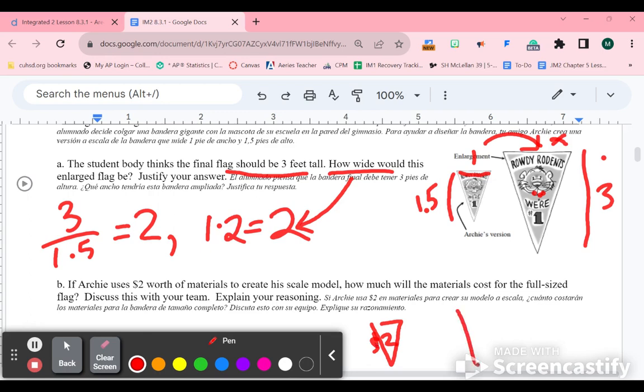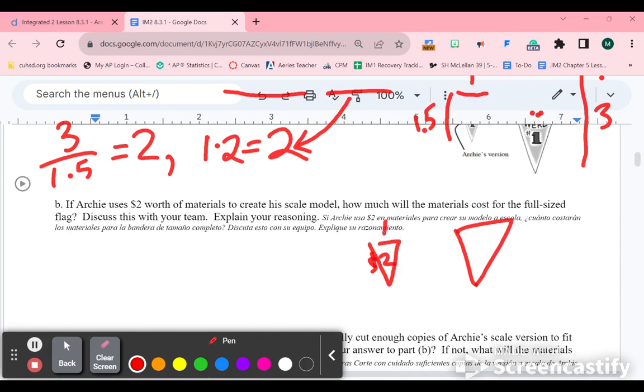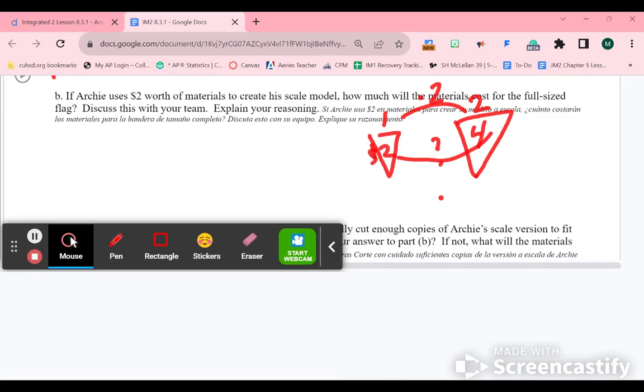Well, the most common answer, and just a heads up everybody, this is not the correct answer, but the most common answer is that if the length is being multiplied by 2, then maybe the area is multiplied by 2. Is that right? Well, it's not, but that's the most common error.